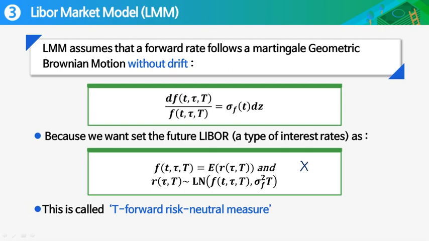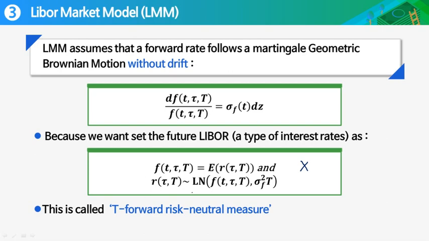It is a kind of risk-neutral world, but a slightly different version of risk-neutral world. Anyway, because this forward rate is the expected interest rate, this interest rate follows a log-normal distribution with mean of the forward rate and variance sigma square t.